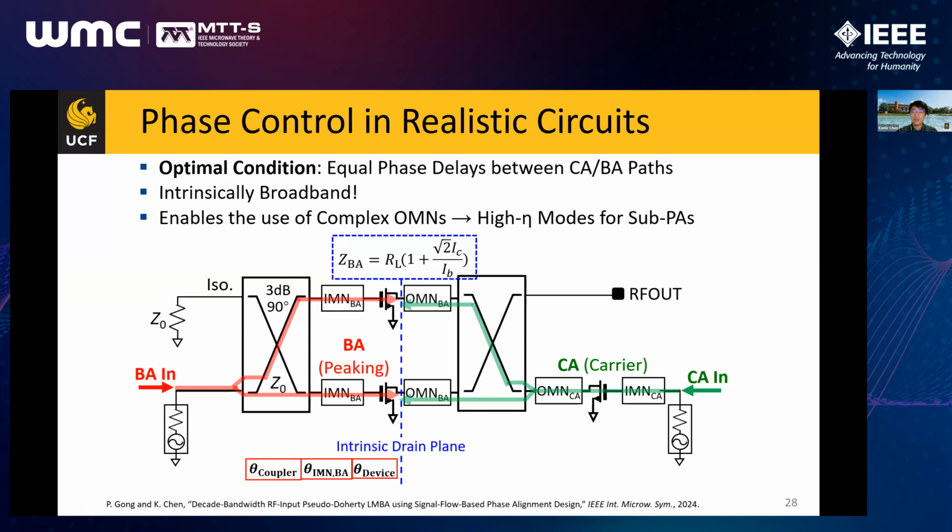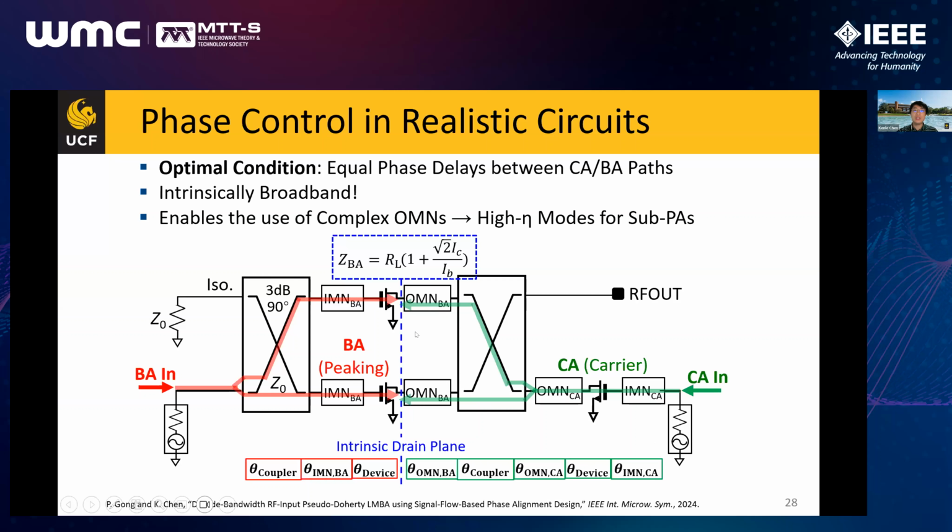But for the signal traveling from the other side, in the CA path, the signal passes through more building blocks: the input and output matching and the device of the CA, the output quadrature coupler, and the output match network of the BA. So it travels across more building blocks.